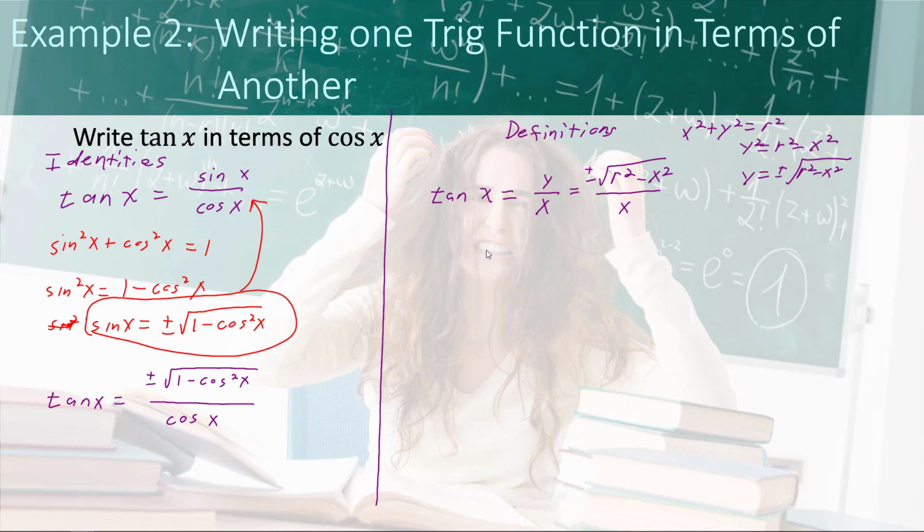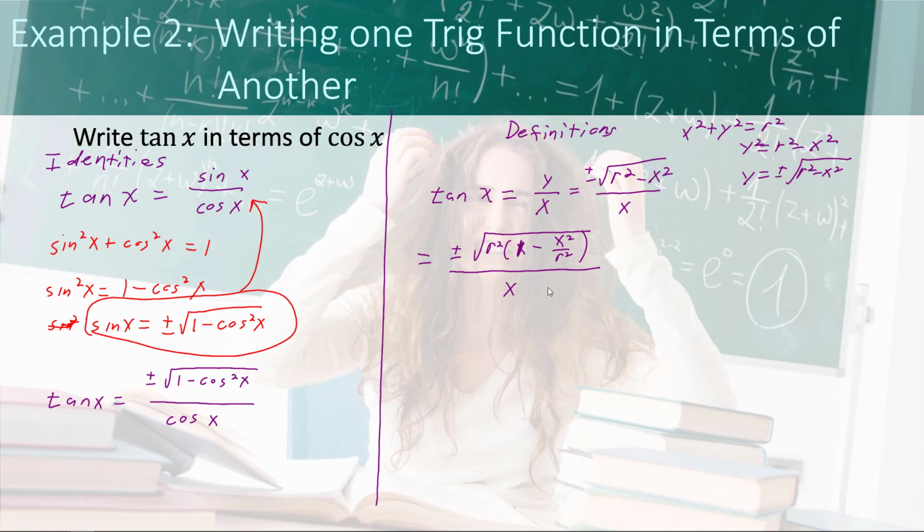Now what we can do is factor out that r squared. If I do, I'm going to have that the tangent of x is equal to plus or minus the square root of r squared times 1 minus x squared over r squared, all that divided by x.